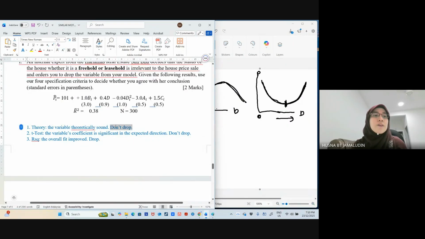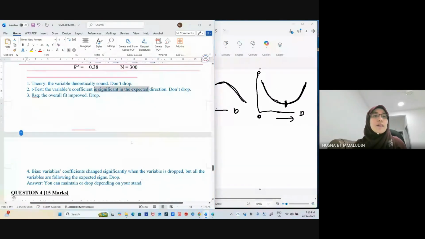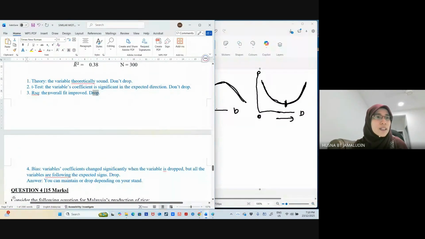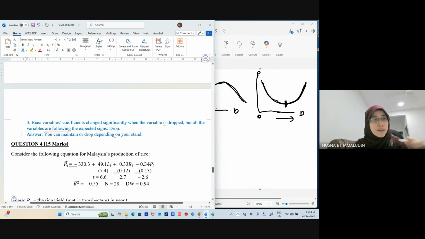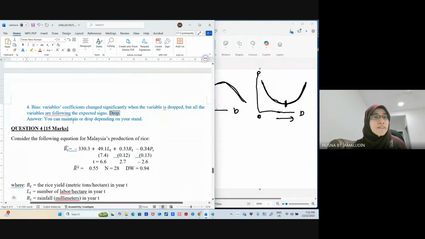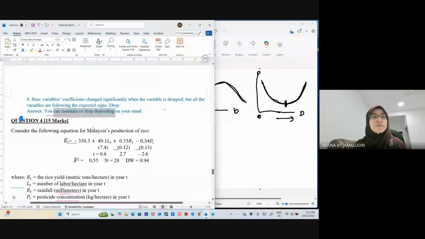Don't drop. T-test, significant, don't drop. Oh, this is drop because R square doesn't improve or whatever. So you have to consult the specification criteria and tell your decision. Because here you have 2/4, you can maintain or drop depending on your stand, whatever you want to argue.